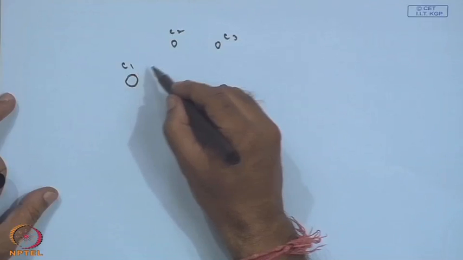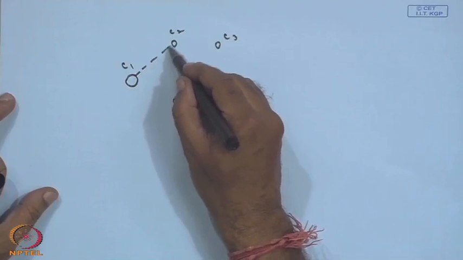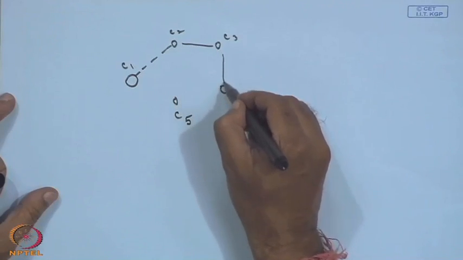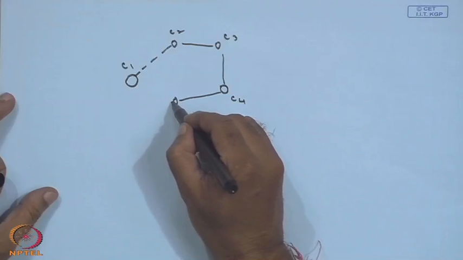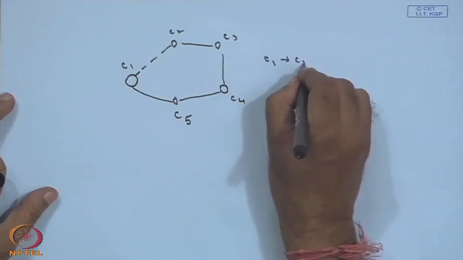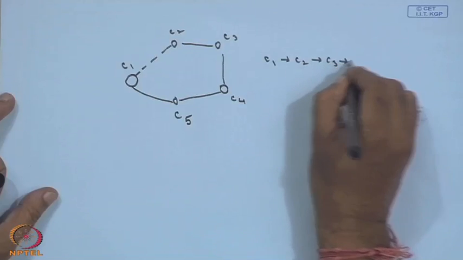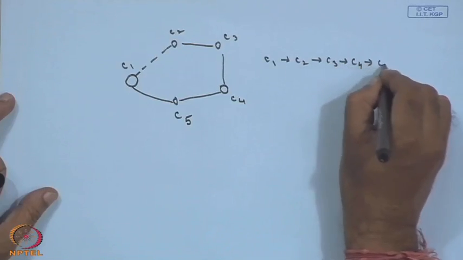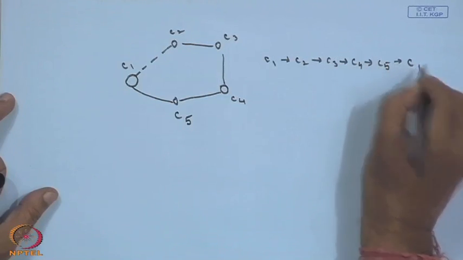The paths may be so many, that is I may visit C1, C2, C3, C4, C5 and then again I can come back to C1.